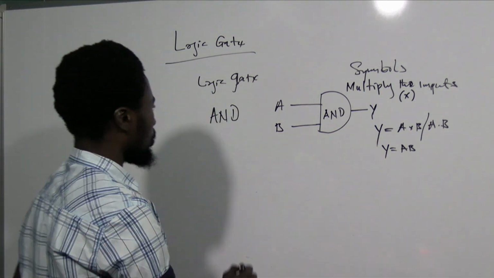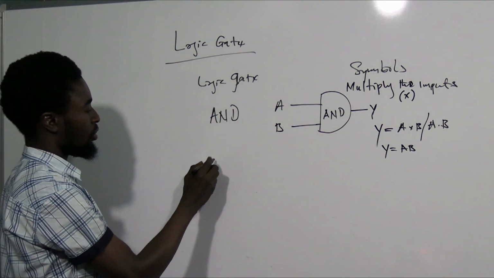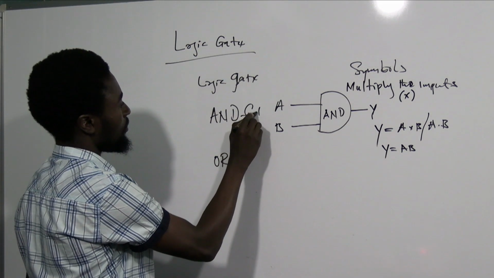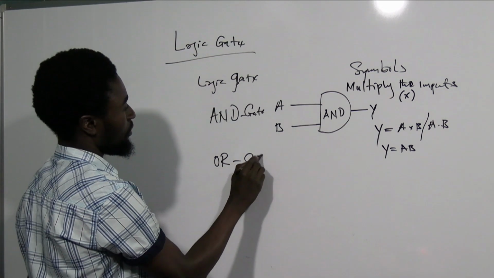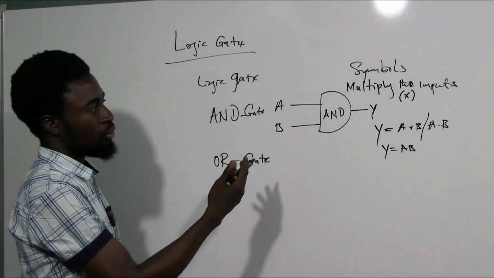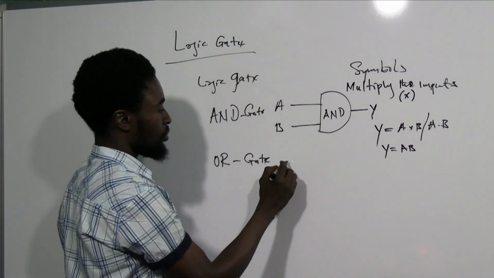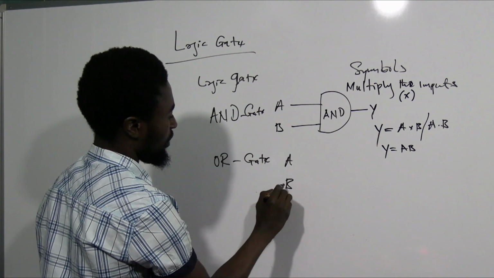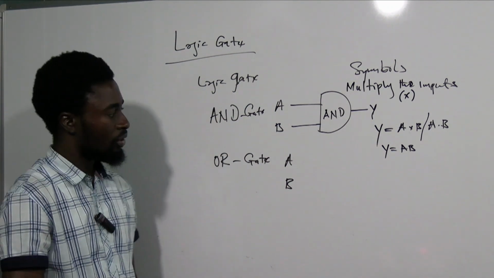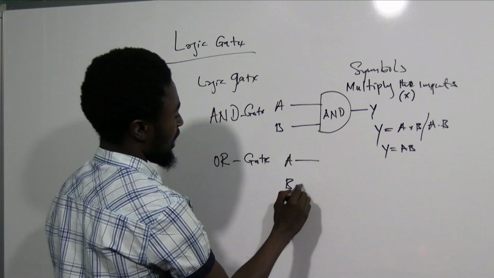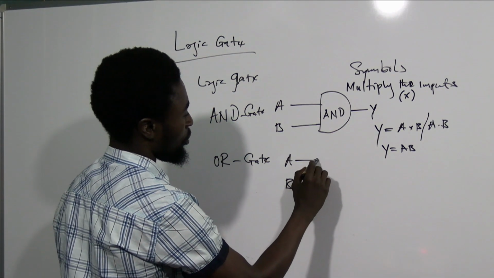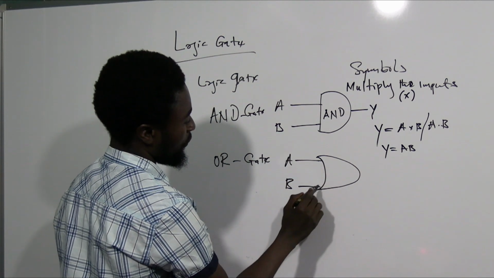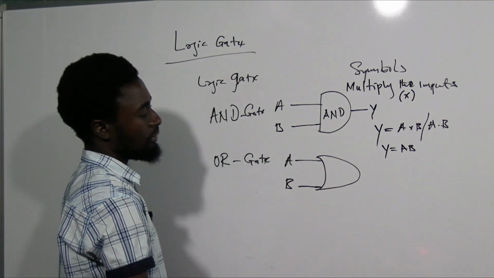So let's look at the other basic gate, which is the OR gate. Considering two inputs as examples, we have input A and input B. Input A has to go through an OR gate, and of course you have to look at the diagram, the difference in that.